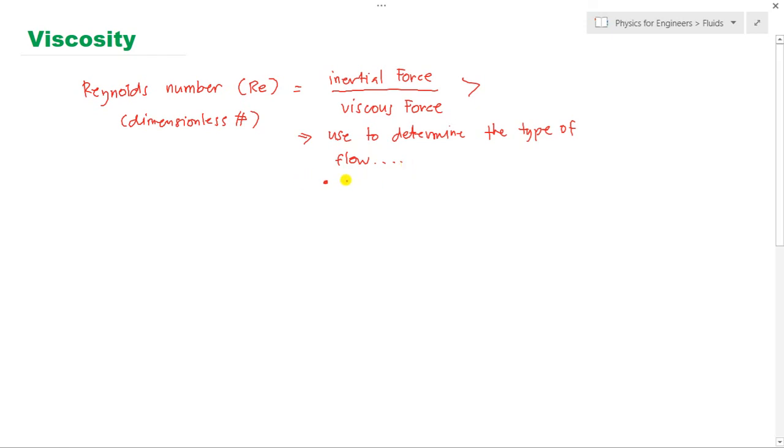So kung atong Reynolds number kay less than 2,000, ang pag-evaluate ani is that the flow is laminar. Okay, unsay pasabot ning flow laminar?